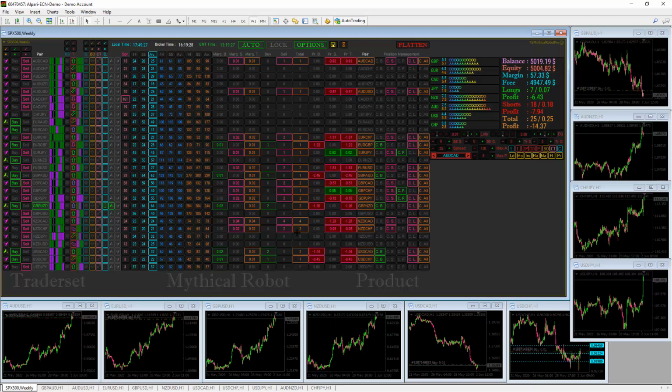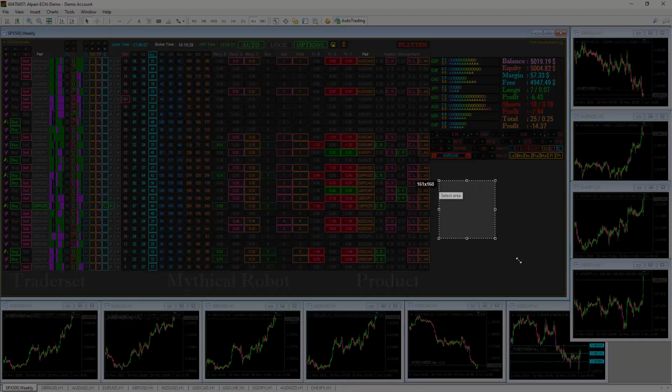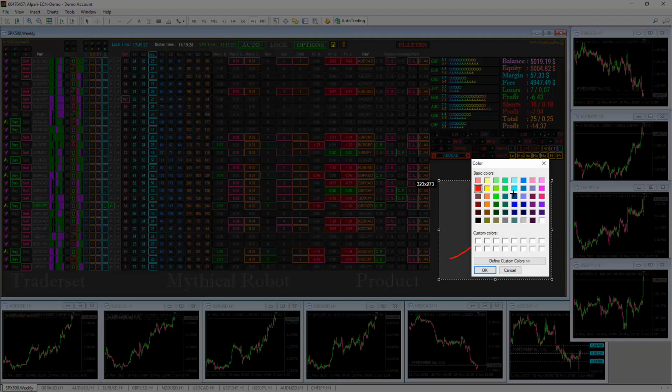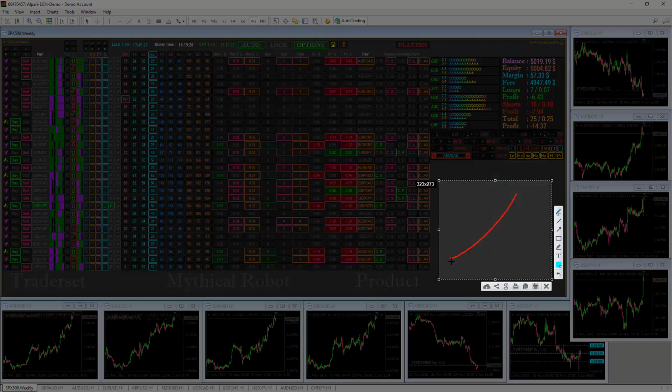Okay? So for example, in an ideal case, this will be your balance, and this should be your equity. I drew it wrong, but it should keep a fair, equal distance all the time.